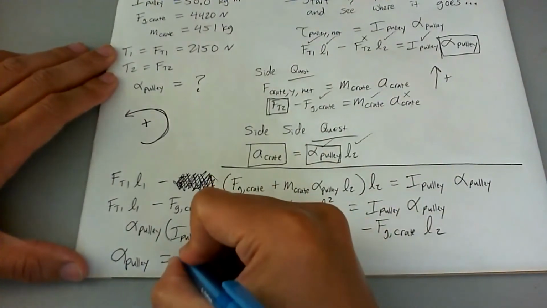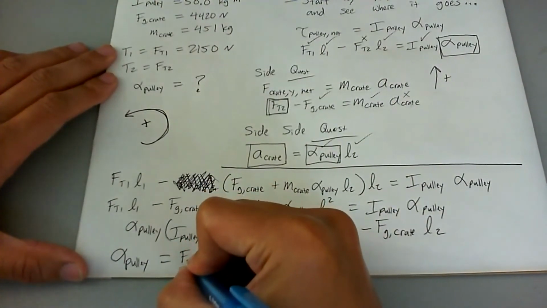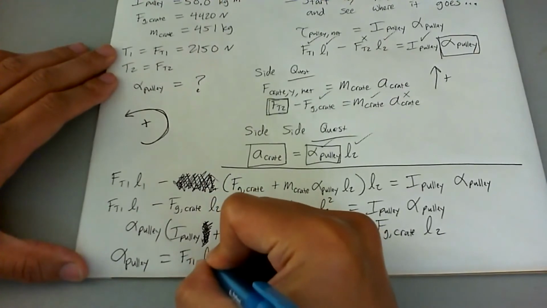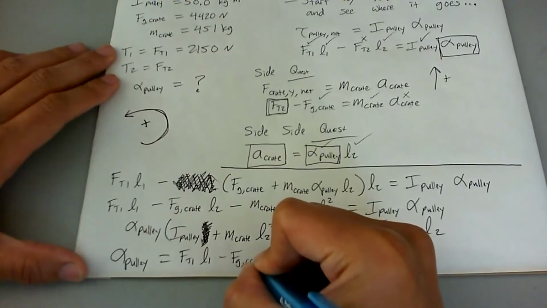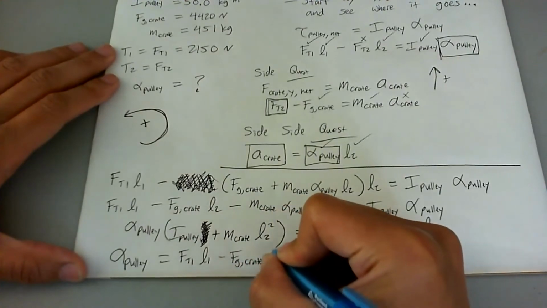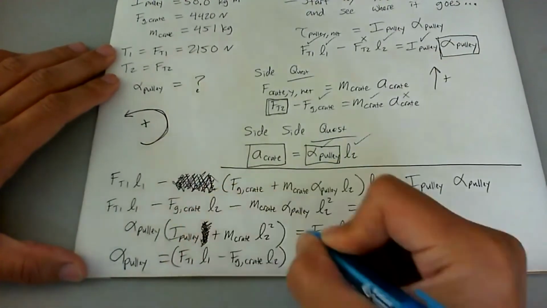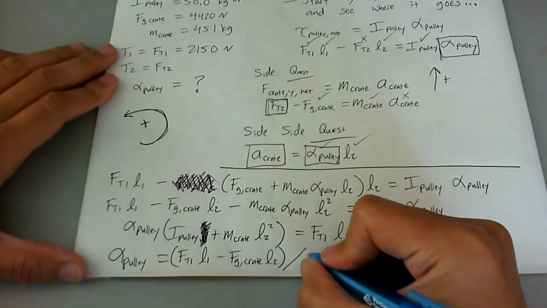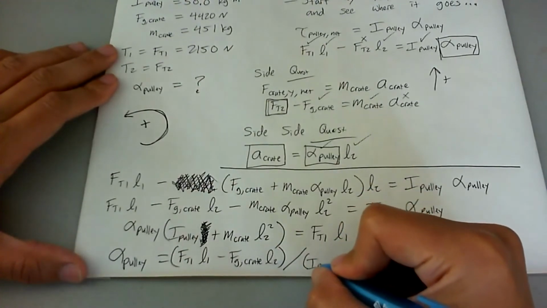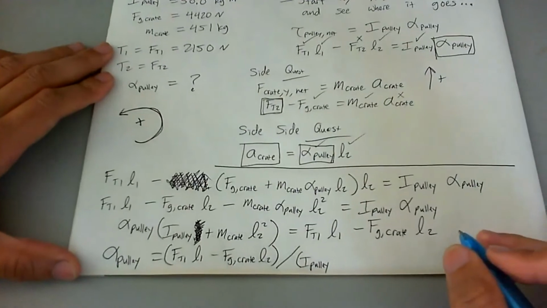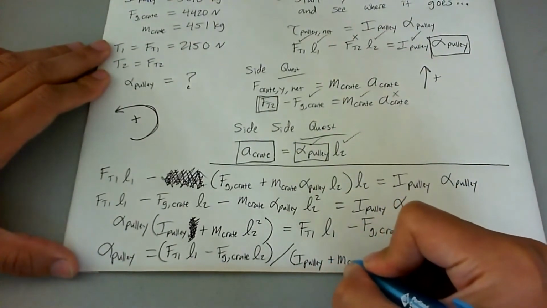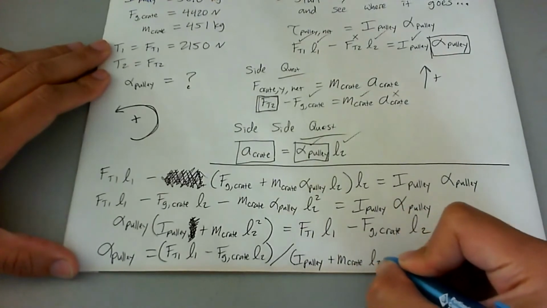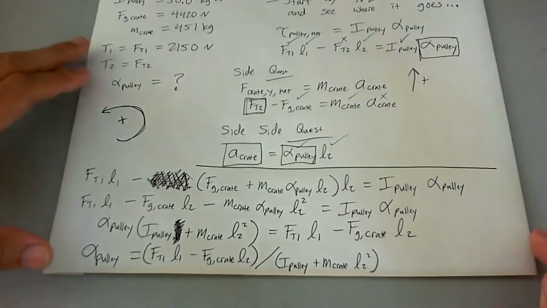So it's going to now be FT1 L1 minus FG crate L2 divided by I pulley plus M crate L2 squared.